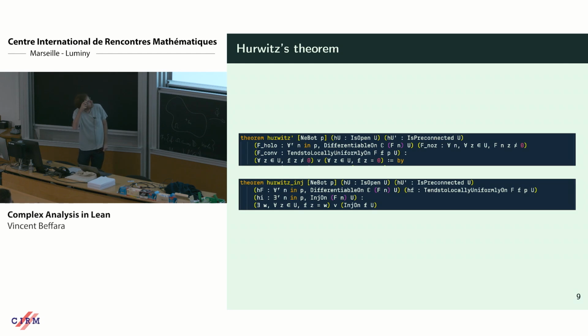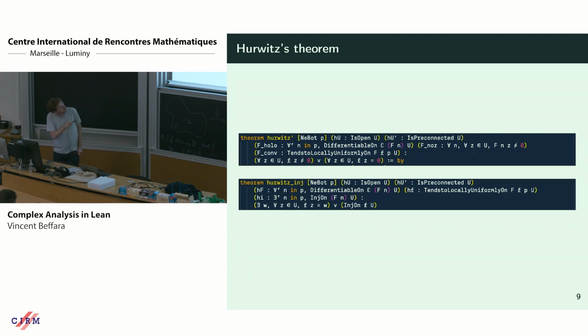Okay, one last bit here is the Hurwitz theorem. So here are two statements that essentially are enough to implement the third step. So you take an open set that is connected. You take F, which is a collection of holomorphic functions on U. Here, for technical reasons, they are only holomorphic for n large enough, but it's the same.